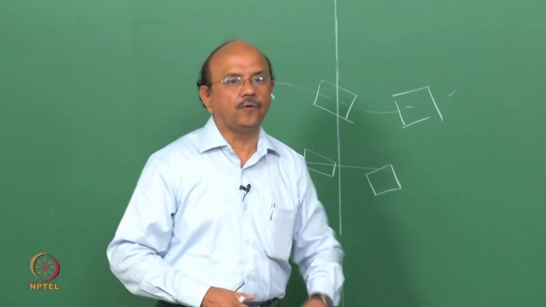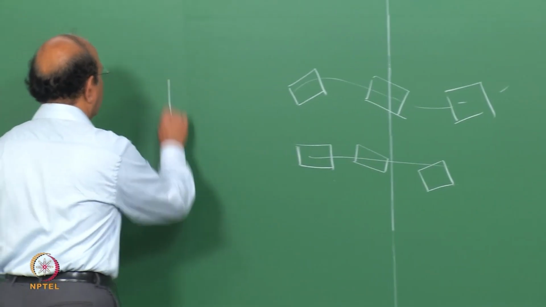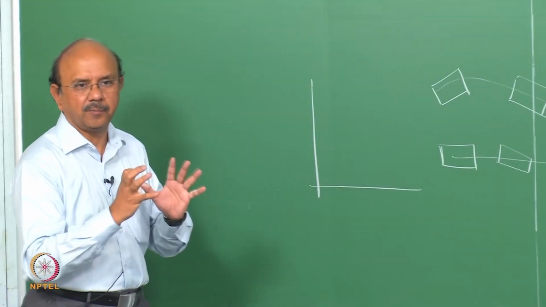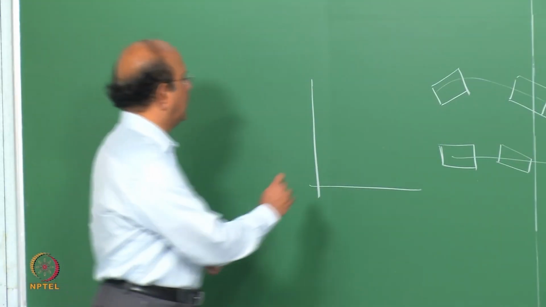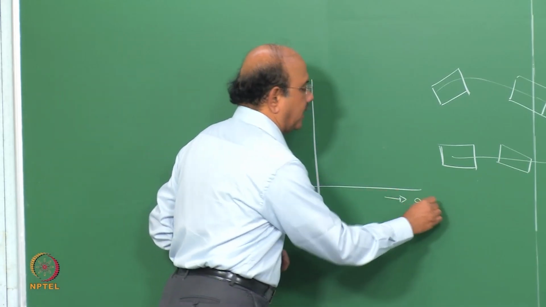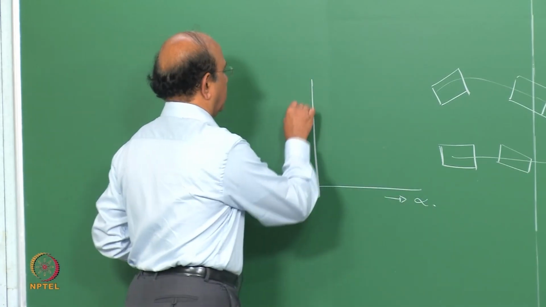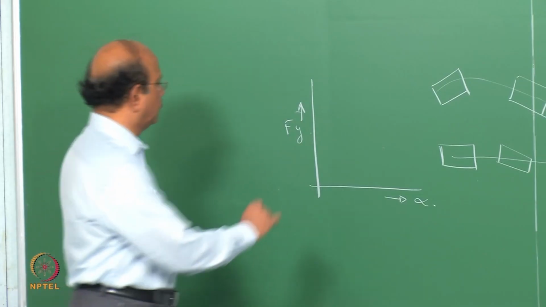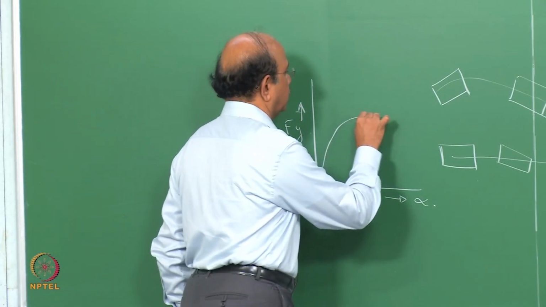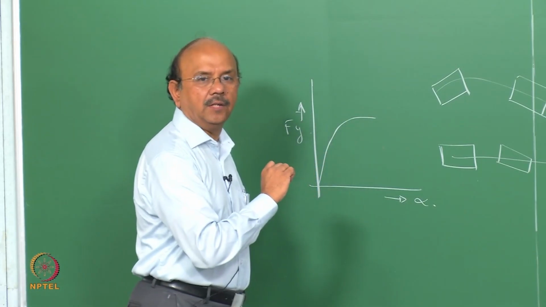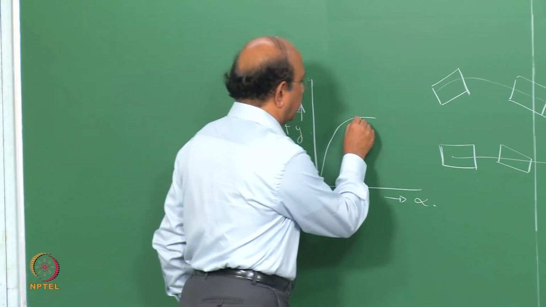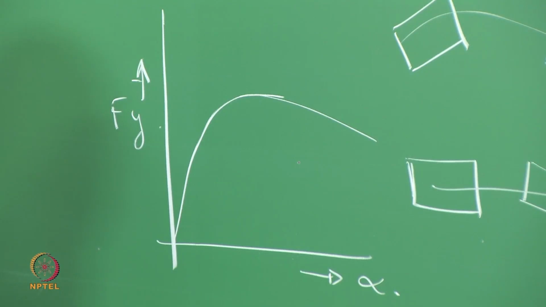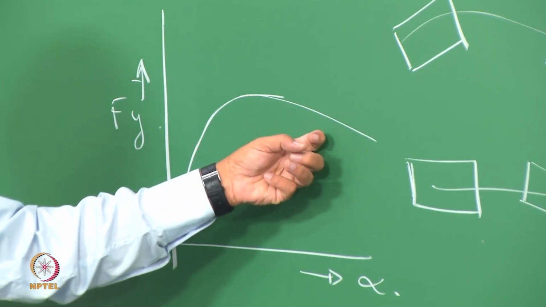For example, if you look at grip, grip is again a loosely used term. It's just for a force that grip is used. For example, you know that alpha versus Fy force, right? If you know that it's going to reach a limit and it can come down, or it will come down, this is what we call the unstable region.